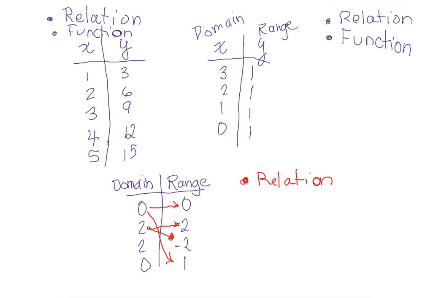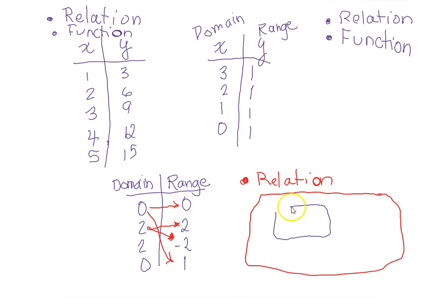I have a relation. Well, let me go back to red. This will hopefully help make it clear. My relation is like this big pool where everybody's swimming around, and the functions are something smaller in here.